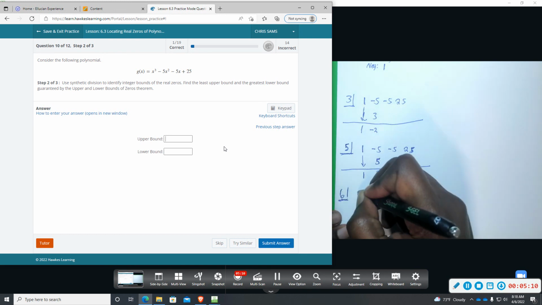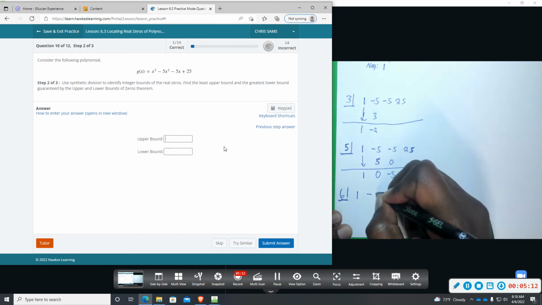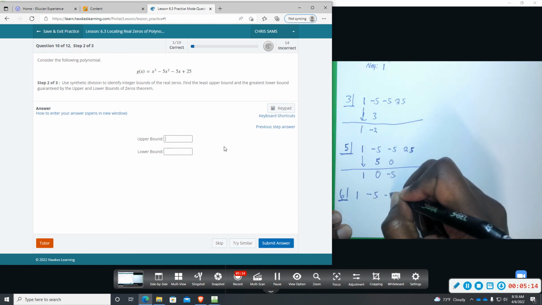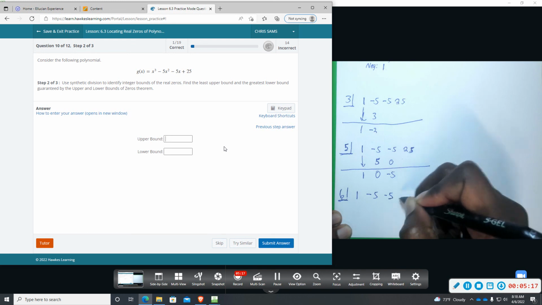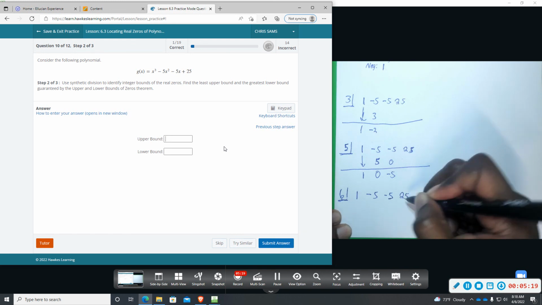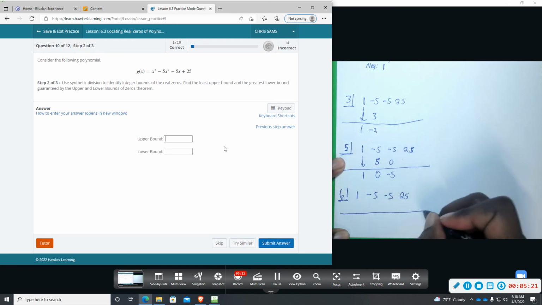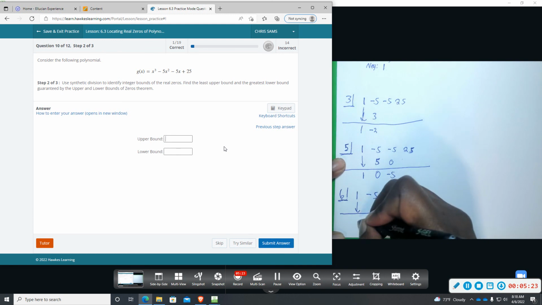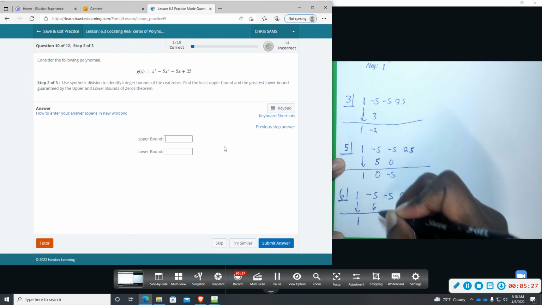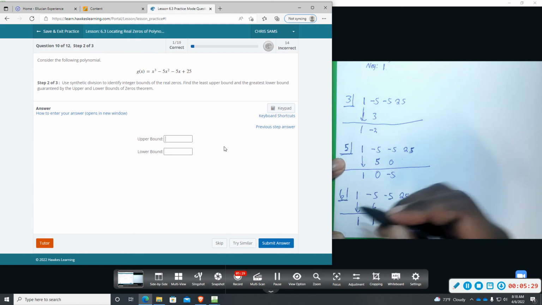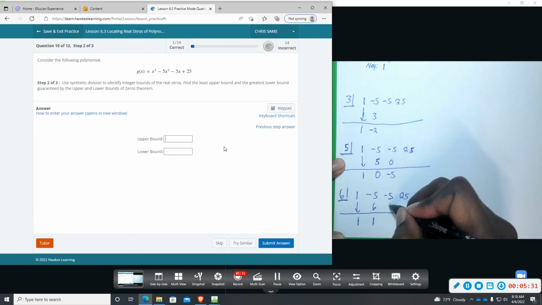So if I try 6 with this same problem, negative 5, negative 5, and 25, I believe this one will work. Just kind of looking ahead and doing a little mental math. 6 times 1 is 6. Combine those, that will give me a positive 1. 6 times 1 is 6 again.